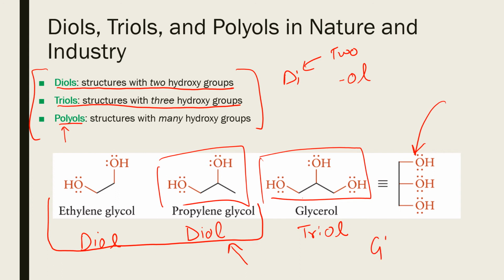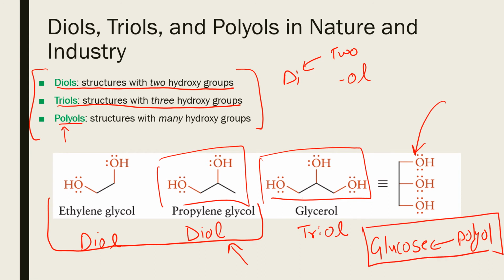Glucose is an example of a polyol. We will learn more about glucose in carbohydrate chapter, but glucose molecule contains multiple OH groups, so therefore it falls under the category of polyols.